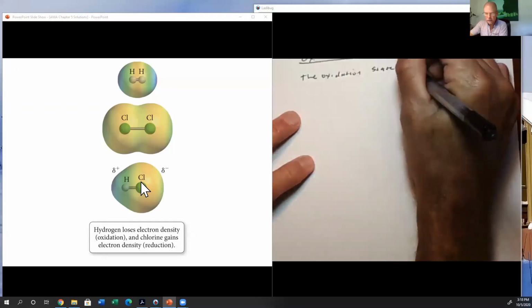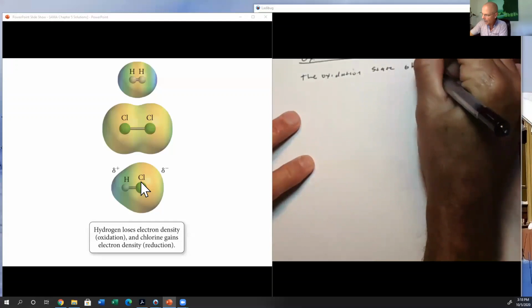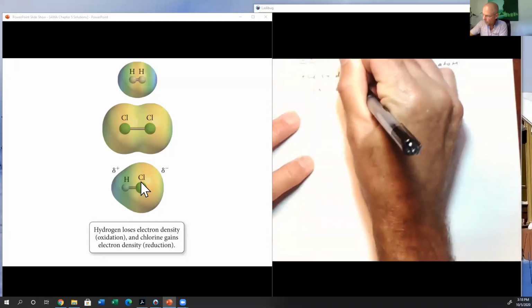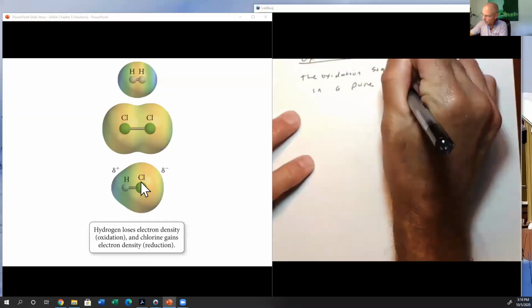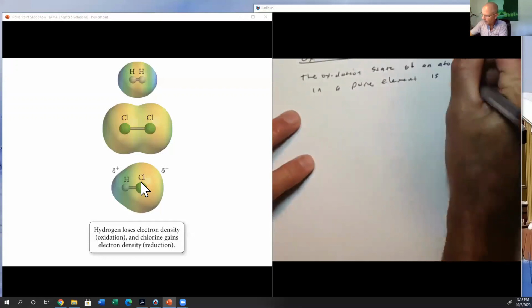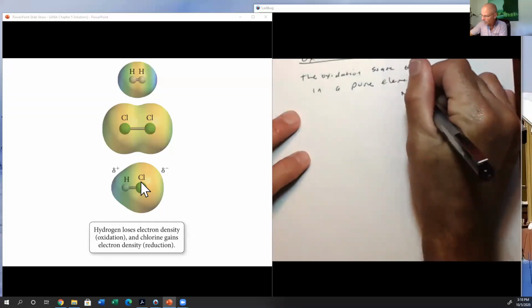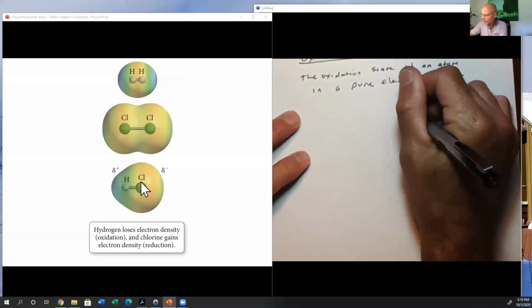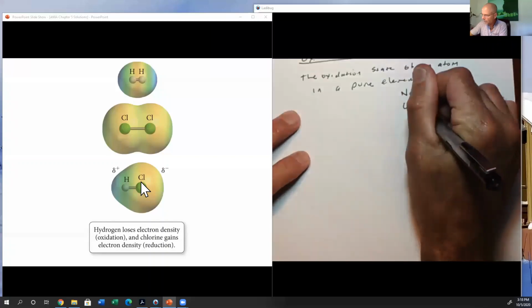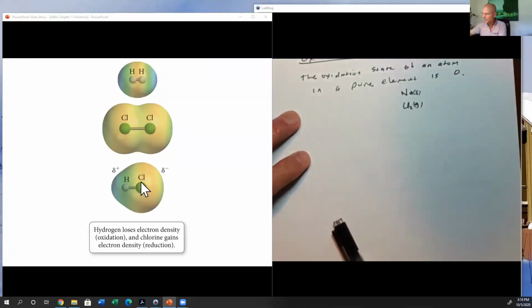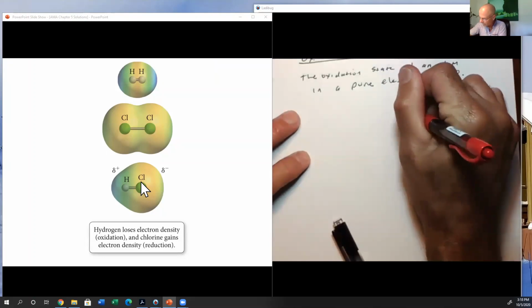The oxidation state of an atom in a pure element is 0. So if I have elemental sodium, for example, or elemental chlorine, the oxidation states of the atoms are 0.